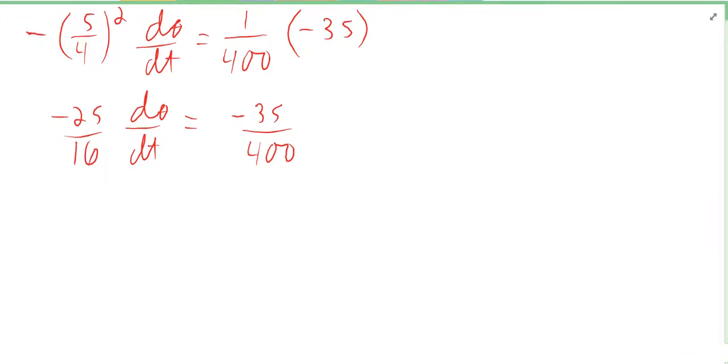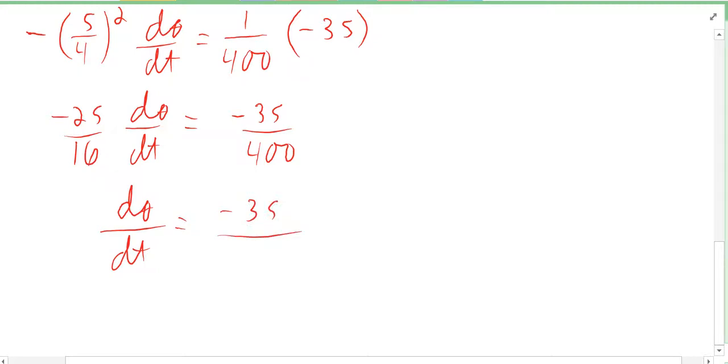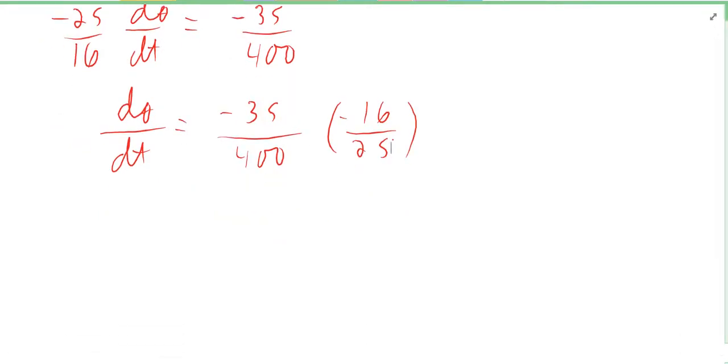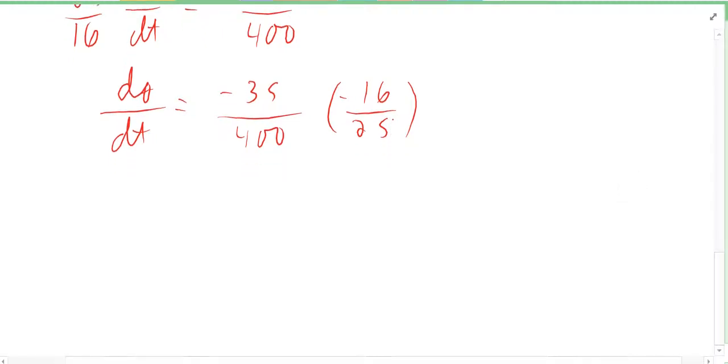We're going to multiply both sides by negative 16 over 25. 16 goes into 400 twenty-five times, so this cancels to a 1 and this to a 25.